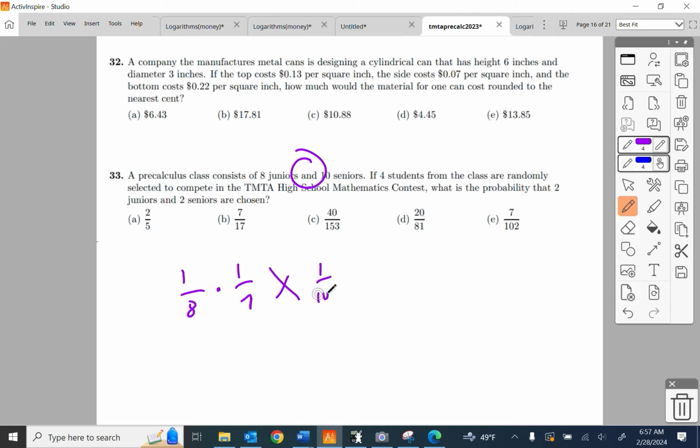I can pick 1 of 10 seniors. And then I can pick 1 of 9. I don't like the way that looks either, do I? I'm having a brain fart on that one. Let's pause this. Give me a second to recollect myself.